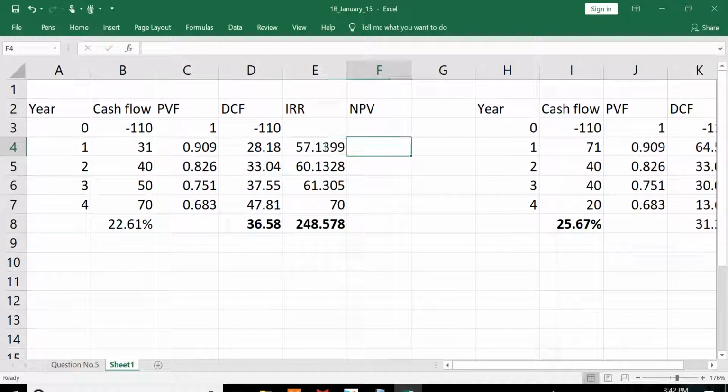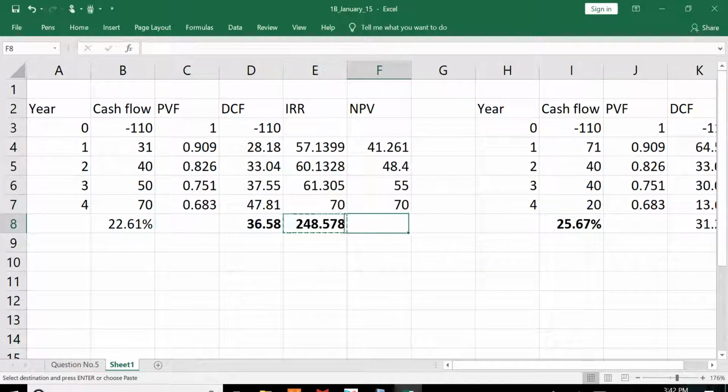What NPV says is that this will get reinvested at only 1.1. That is your cost of capital. It will get reinvested at the cost of capital. So both have a separate assumption. I can do it for the other project also.